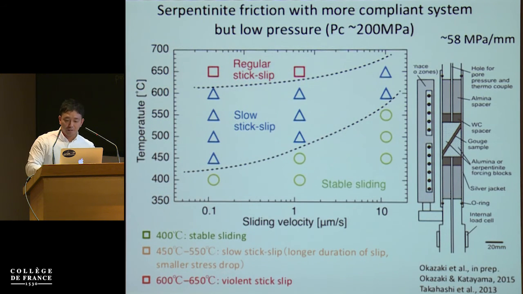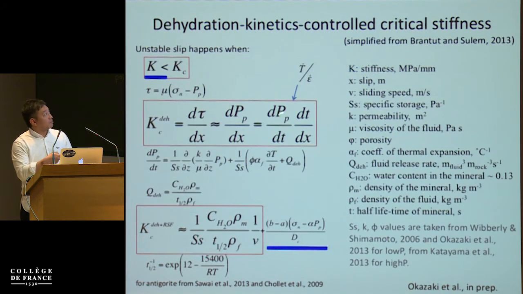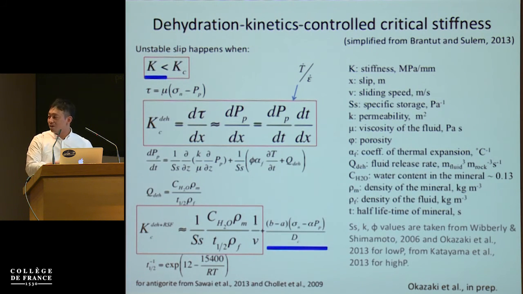So why? I think a kind of simple model based on his equation works. Unstable slip or slow stick slip happens when the stiffness is smaller than the critical stiffness. And the critical stiffness is not an elastic constant, but a material constant.